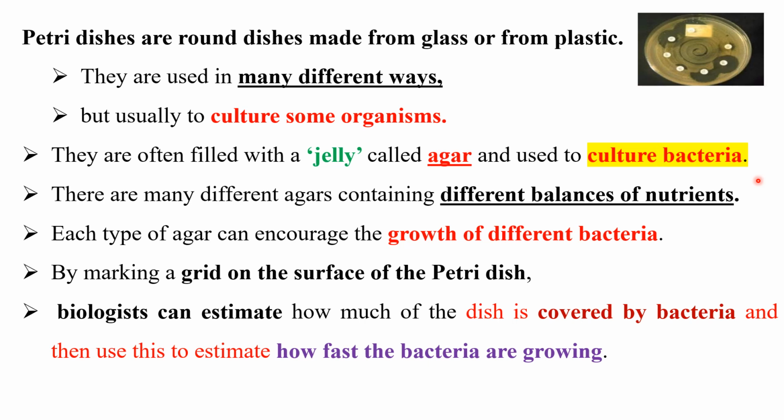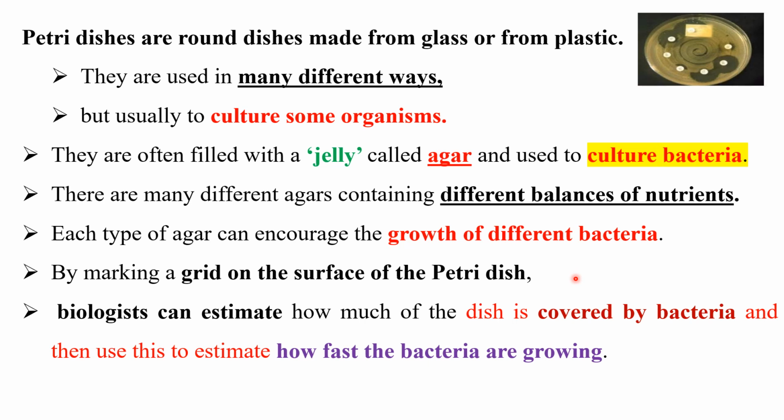There are many different agars containing different balances of nutrients. Maybe you have nutrient agar, potato dextrose agar, and so on. Each type of agar encourages the growth of different bacteria. By marking a grid on the surface of the petri dish, it helps to grow bacteria on the dish.